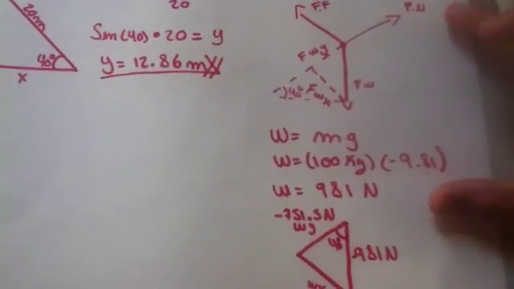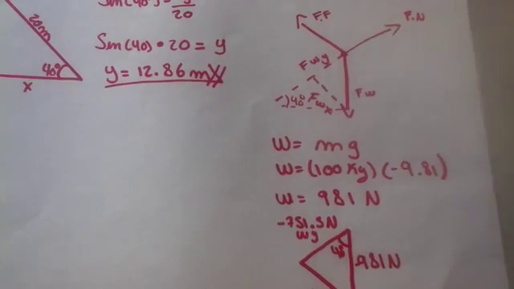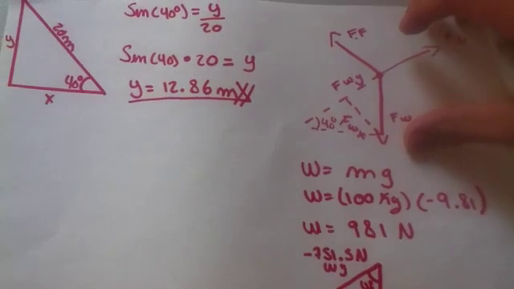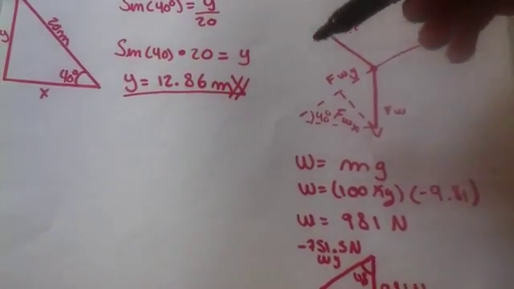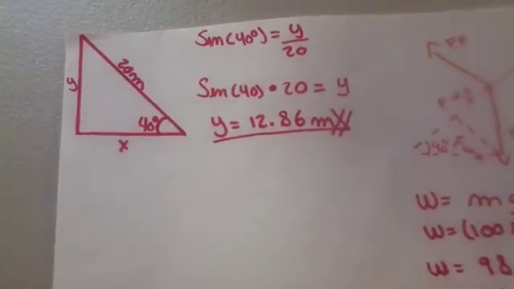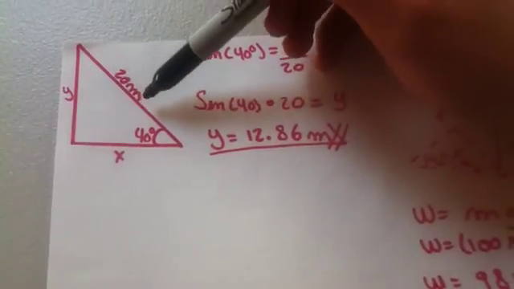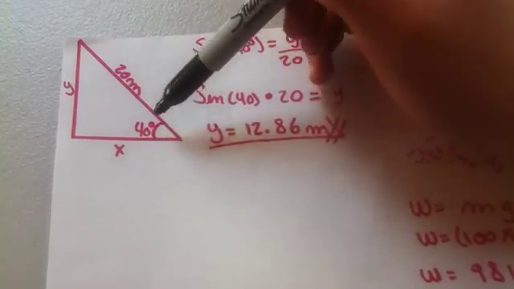Now, let's move on to the second part of our problem. By now, we should have realized that we don't have two variables needed to solve the problem. We do not have the height, nor the weight in y. So that's exactly what we're going to do next. For the height, it's really quite simple. Since we're dealing with a triangle, we have our hypotenuse, which is 20 meters, and a 40-degree angle.